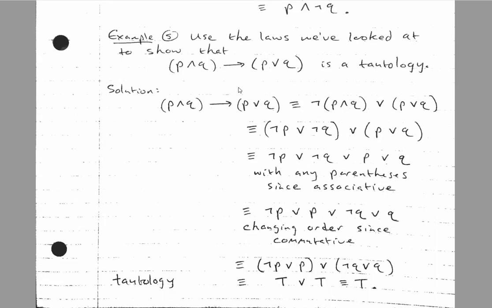Okay, and one more. Use the laws to show that this compound proposition is a tautology. In other words, show that this is logically equivalent to T, something that's always true.